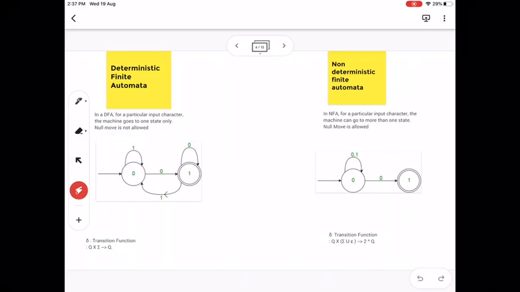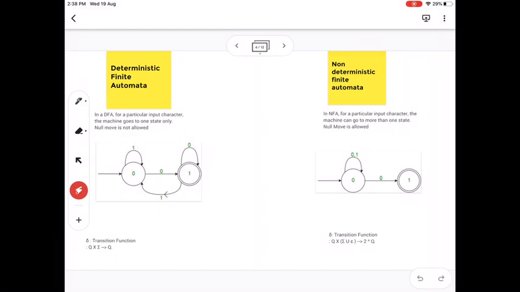The basic difference is, in a DFA, for a particular input character, the machine goes to only one state. And there is no null movement. It means with empty input you can't move further in deterministic finite automata.